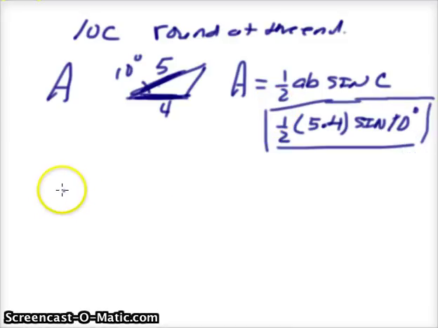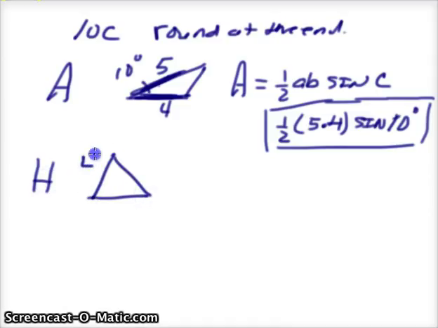And then the other area formula is called Heron's formula. Real quick, how that works is if I have 4, 5, and 8, let's just say I had that. I'm going to change this to 6. So if I had a triangle like that and I want to find the area inside, I could use Heron's formula.